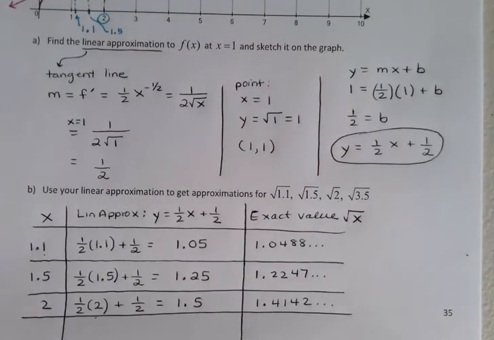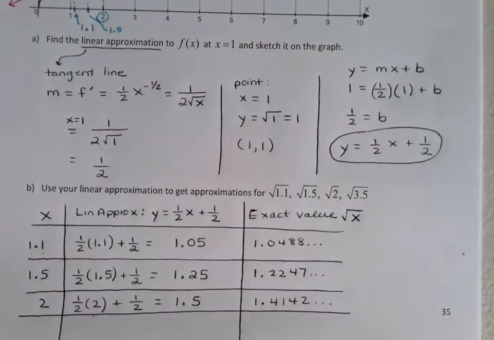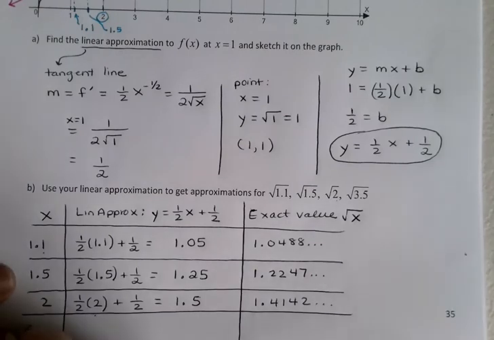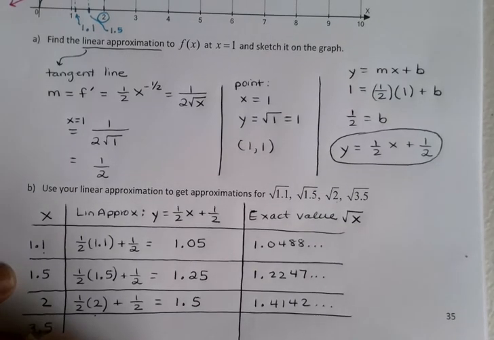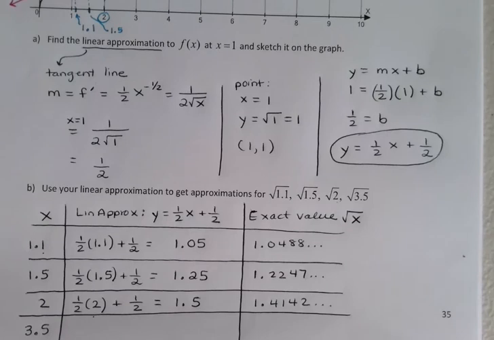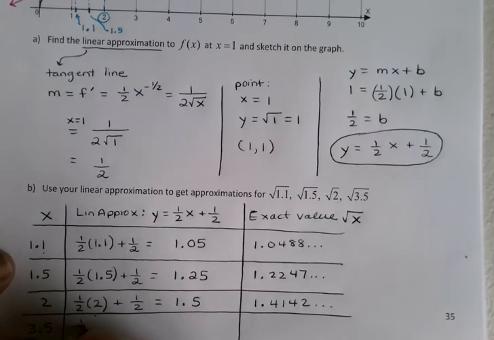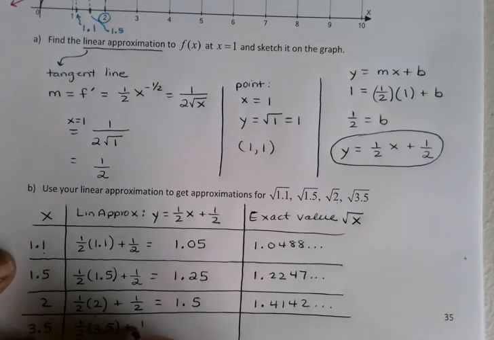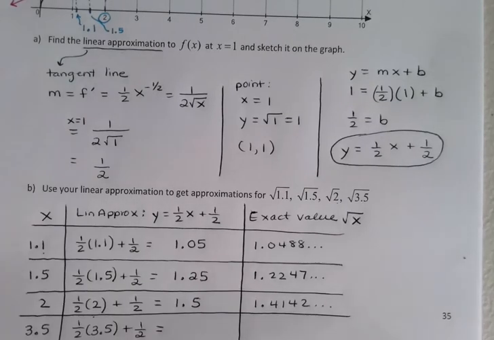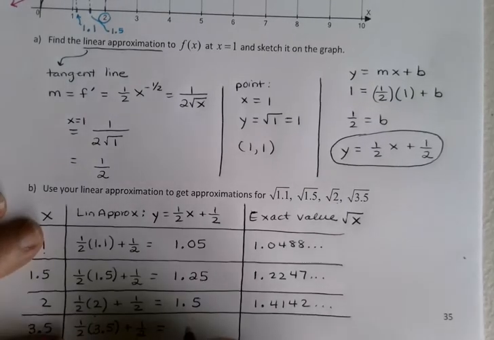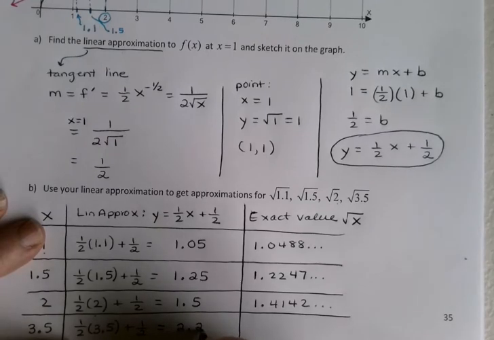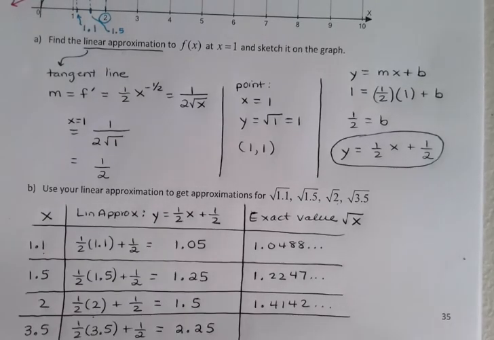All right, one more. The last x value is 3.5, and you might ask yourself, are you expecting a very good estimate here? But let's try it. I'll plug that into my linear approximation. 1.75 plus 0.5, that'd be 2.25. Okay.